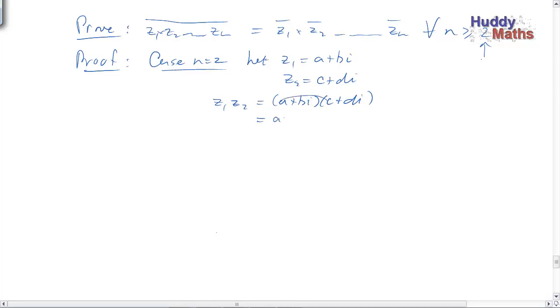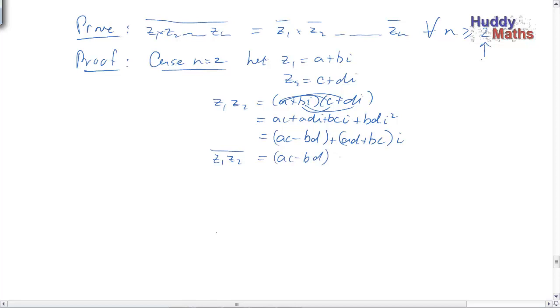So it's A by C plus A by DI, B by C plus BCI, and plus BDI squared, which is negative BD. So this is AC take BD plus AD plus BCI, real and imaginary parts. Now let's take the conjugate of it, which is AC take BD take AD plus BCI.